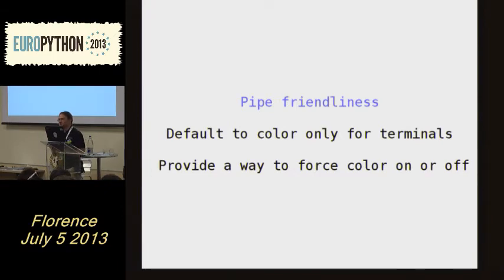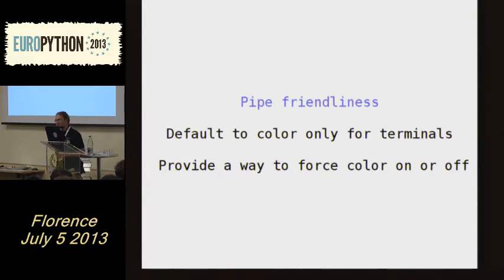So if you redirect this output to a file, and so it doesn't go to the terminal, it turns off the coloring, so that the command that processes the output of your program will not get confused by all these weird characters or the escape sequences.